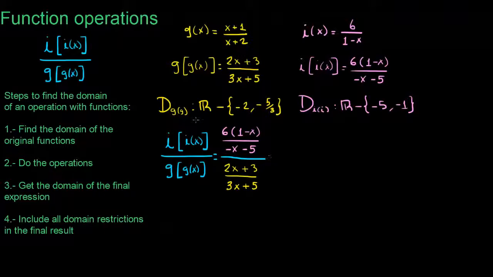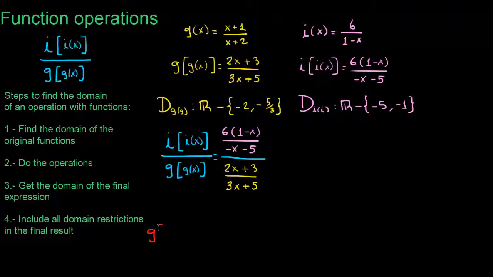First, I have to tell you something, because this is a tricky problem in a way, because here there is a division. So the division places a restriction by itself, because what's in the denominator cannot be equal to 0.